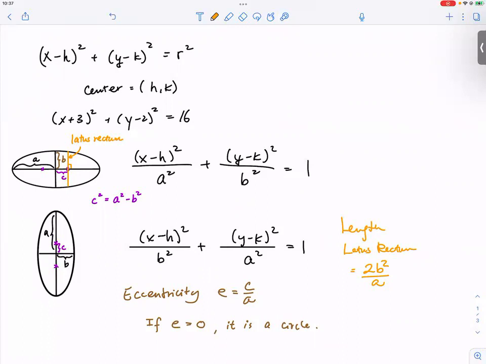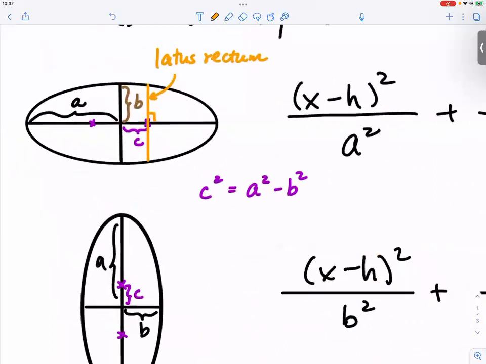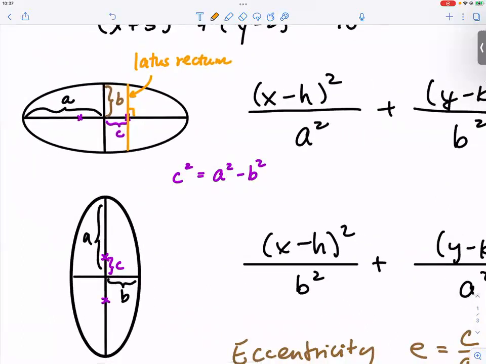Also capture these two diagrams, especially the fact of which axis you find the foci on. It's always the major, long one. Okay, always. So if you know the orientation, then you know which one to add, which one to subtract.